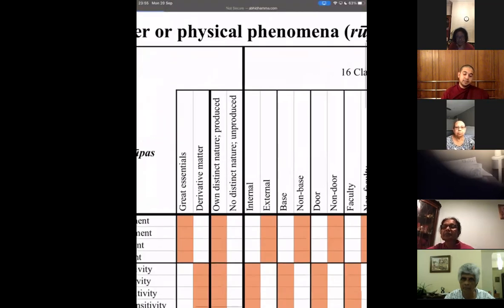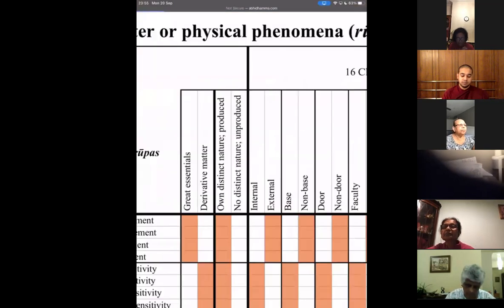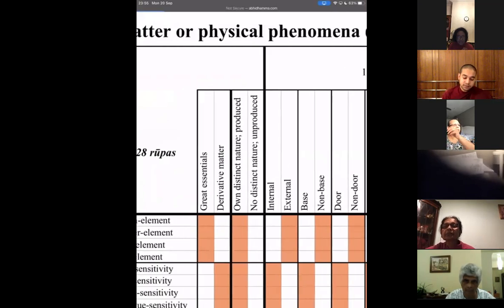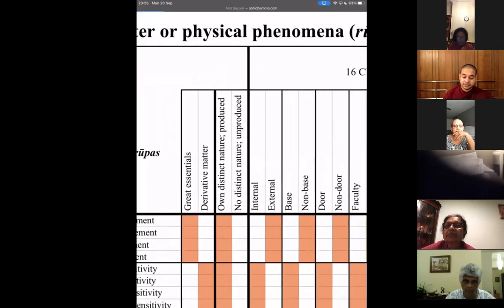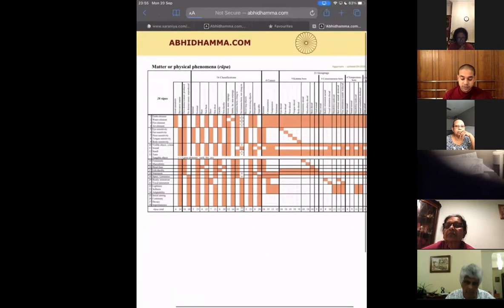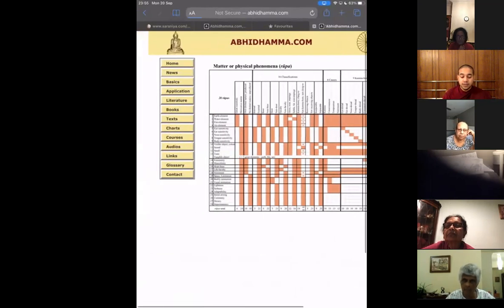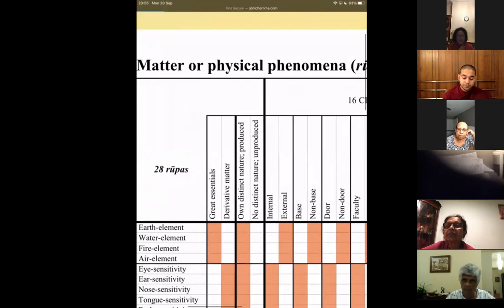We have the great essentials. These are the 16 classifications and the 21 groupings that we went over in the last class, which we are now going to go through.